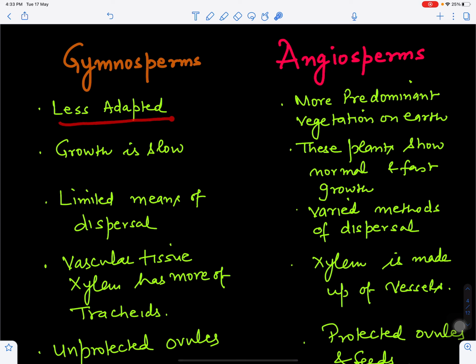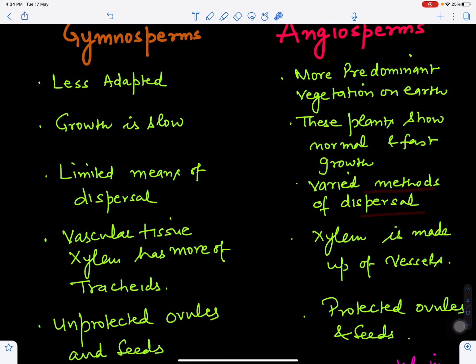Gymnospermic plants are less adapted to the environmental conditions, and angiospermic plants are the most predominant vegetation on the earth. अभी जो एरा चल रहा है, इसमें आपको ज़्यादा एंजियोस्पर्म मिलेंगी, क्योंकि वो वाइड वेराइटी जो एनवायरमेंटल कंडीशन है वहाँ पे अडेप्टेड होते हैं. जिम्नोस्पर्म्स जैसे वो फैलते हैं या डिस्पर्स होते हैं, उनके लिए उतने ज़्यादा मेथड्स नहीं हैं. They have limited means of dispersal. But angiospermic plants have various kinds of dispersal methods. So they are dispersed all over the earth. That's why they are predominant vegetation on the earth.